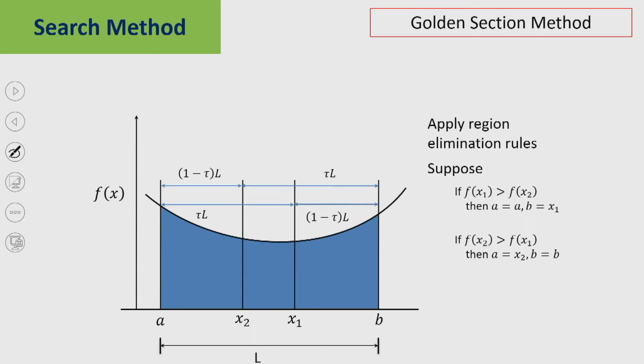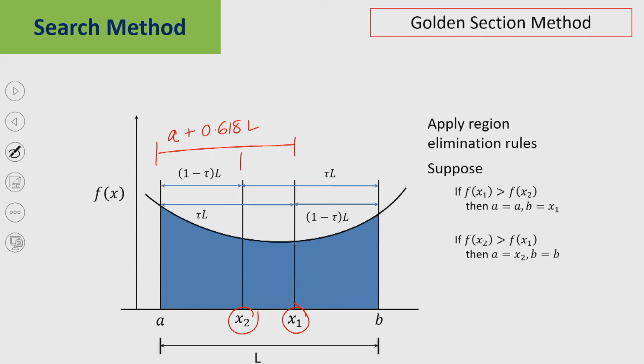The next method is the golden section search method. In this case we take 2 points, x1 and x2. What is x1? x1 is a plus tau L, where tau is 0.618 and L is the absolute value of a minus b.